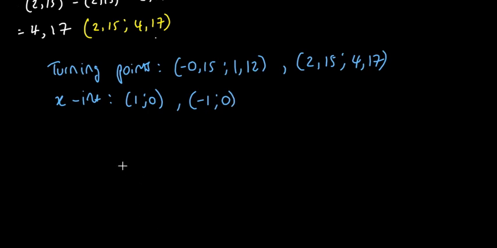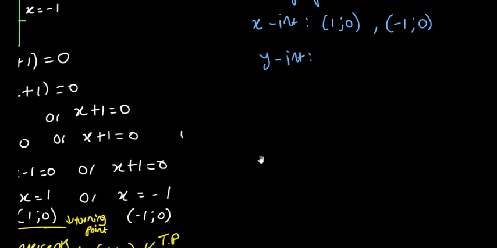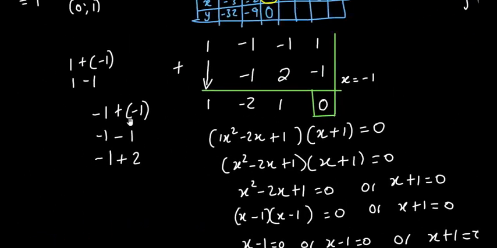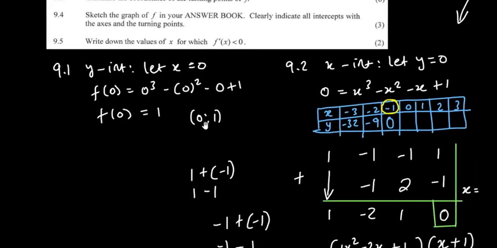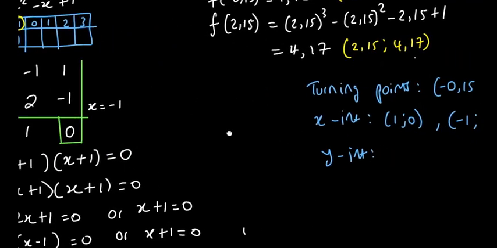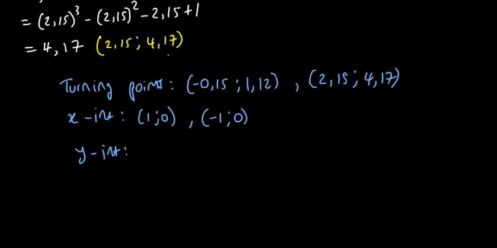Then our y-intercept, what was our y-intercept? Remember, we got our y-intercept on the first question. The y-intercept was 0 and 1. So we write 0 and 1.